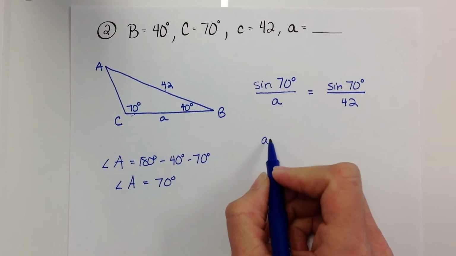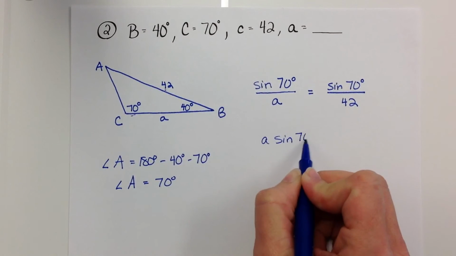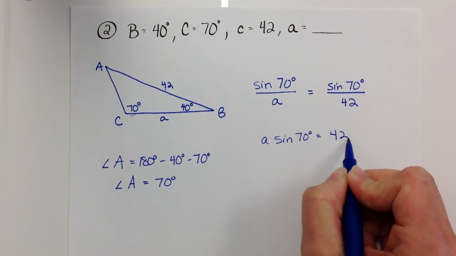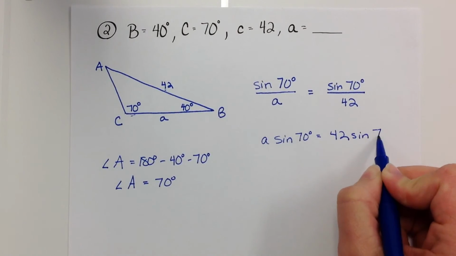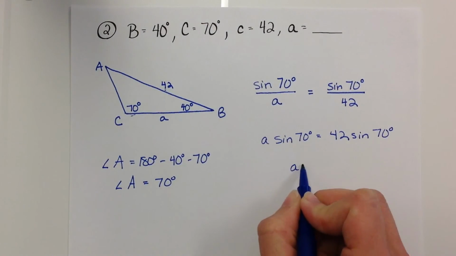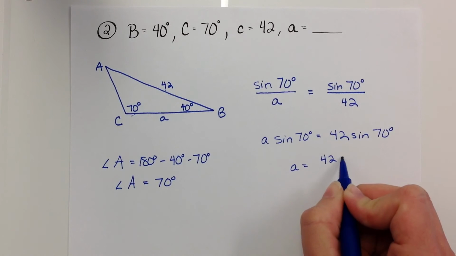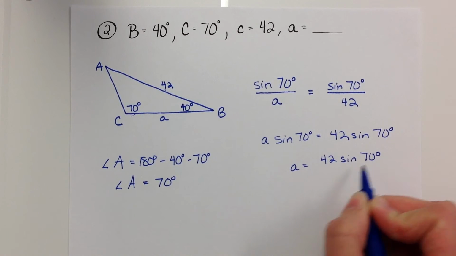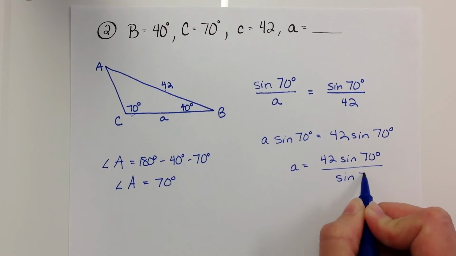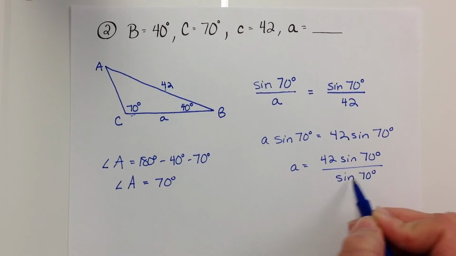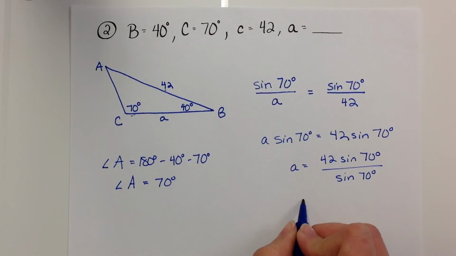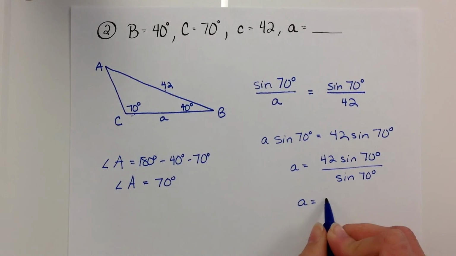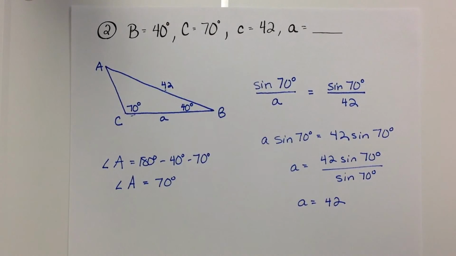So we'll have A times sine 70 degrees is equal to 42 times sine 70 degrees. Even at this point you could say that the sine 70 degrees cancel, but whether you see that or put it in your calculator, it comes out to be 42. So there's your answer for that one.